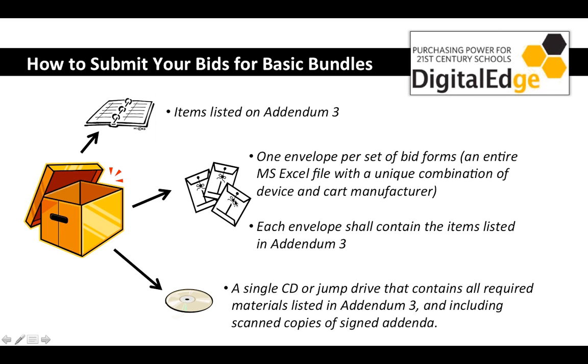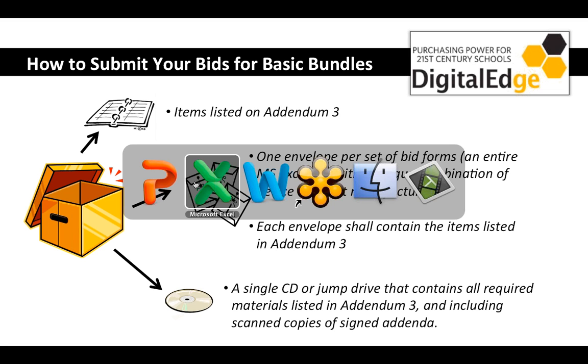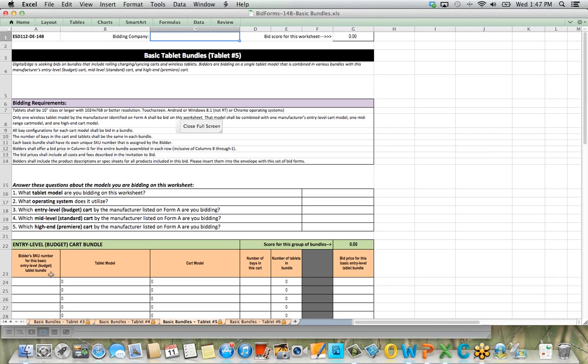But then, after you've prepared your binder, each set of worksheets, not individual worksheets, but every set of worksheets, just like this particular file, this whole entire Microsoft file is a set of worksheets, okay?